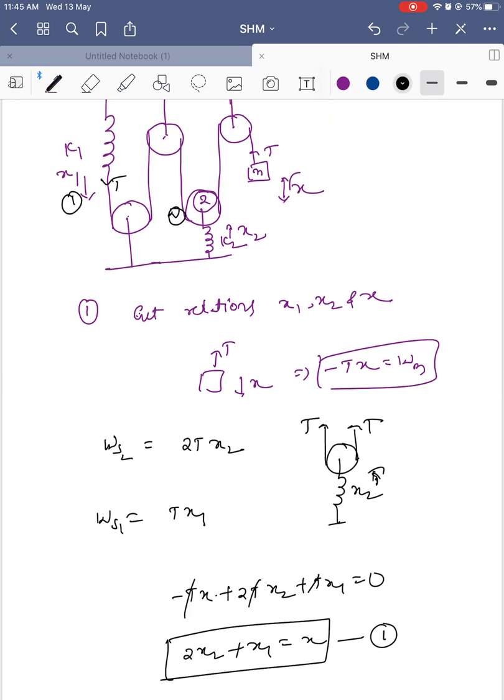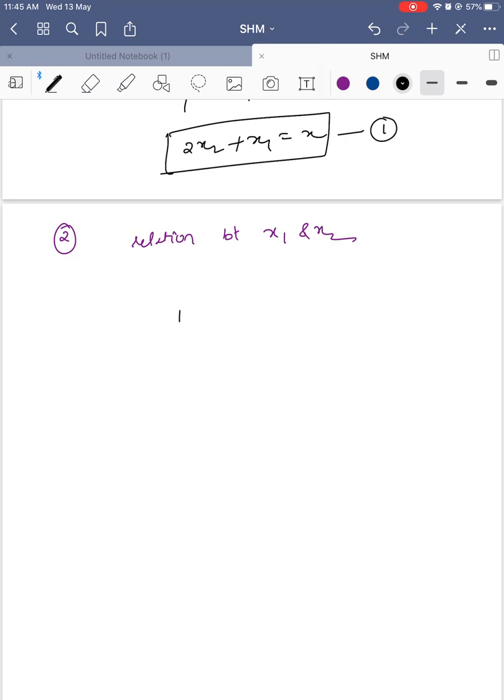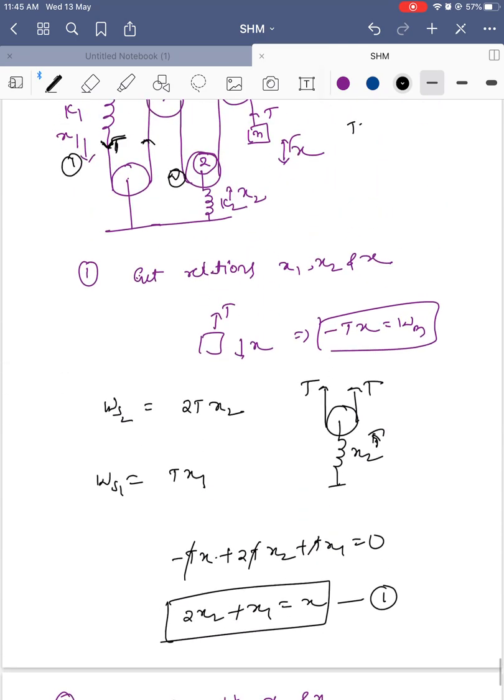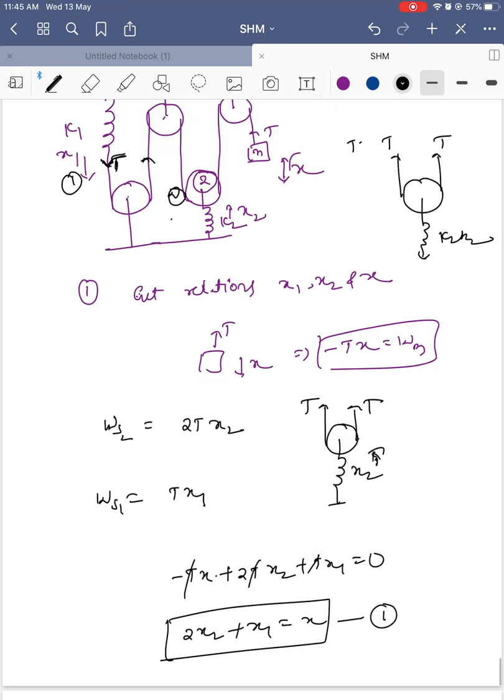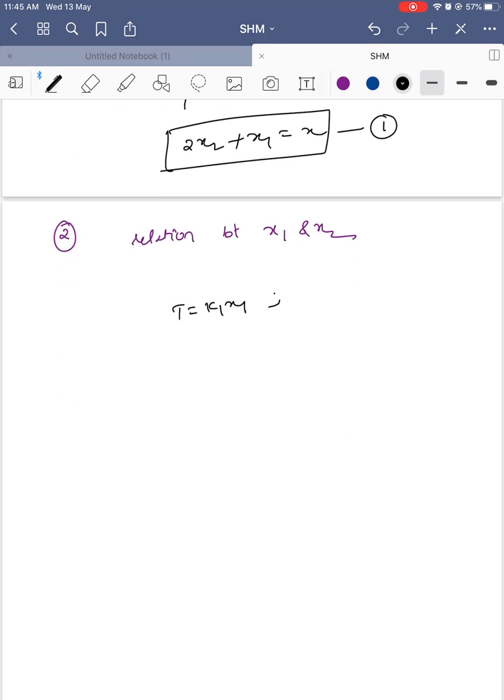See here, what is the tension in the rope? T is nothing but k1 into x1, so T is equal to k1 x1. If you go to the other side, k2 x2 is equal to what? If you draw the spring diagram, there is T and T, because of the massless pulley, in the downward direction, K2 into x2, so 2T is equal to k2 x2.